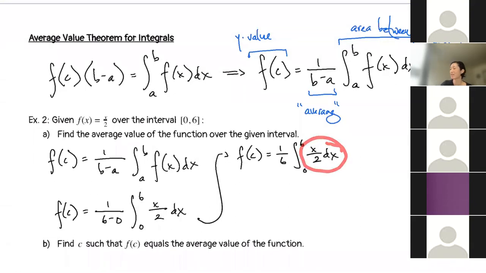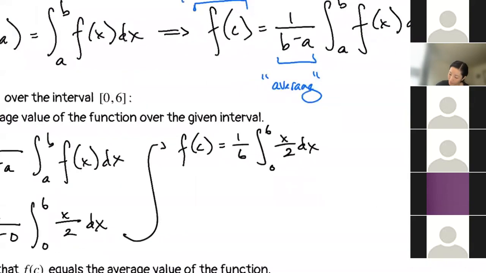How do we handle that x over 2, folks? Take the x out of the fraction, move the 1/2 outside, multiply it with 1 over 6, and then take the antiderivative of x.